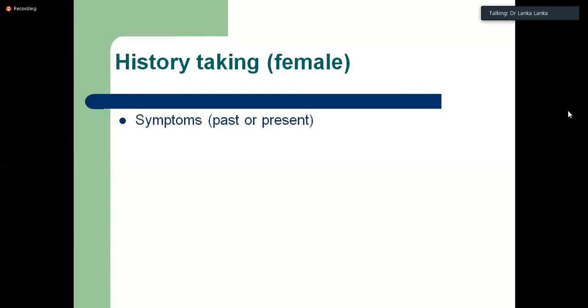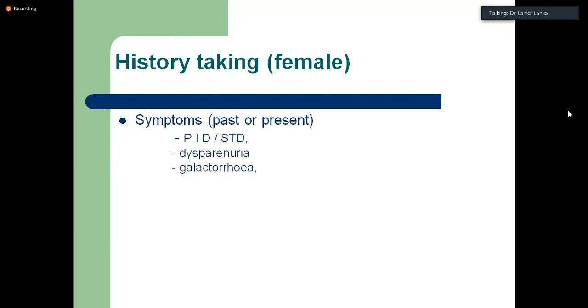You have to ask about the symptoms, how long they have been waiting, how frequently they engage in coitus, and any previous history of STI or PID. That can cause genital tract problems, tubal factor subfertility, peritoneal issues, and then sexual dysfunction.